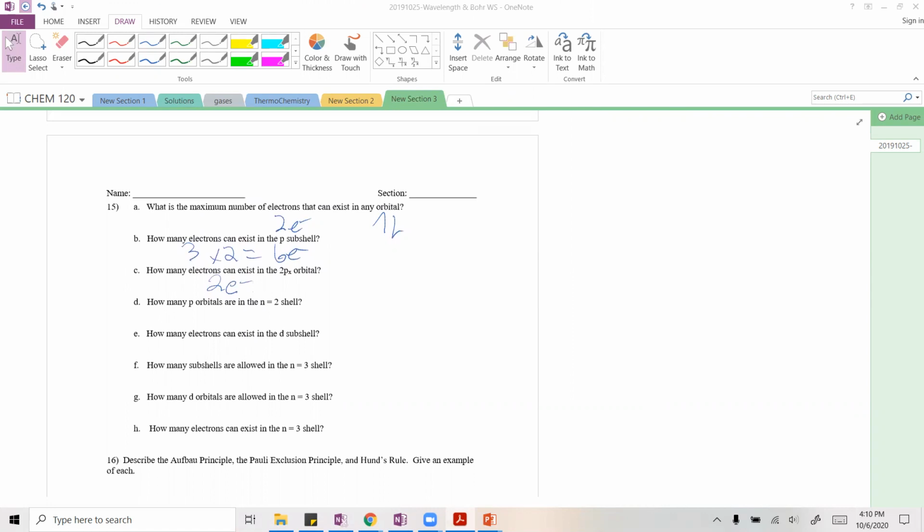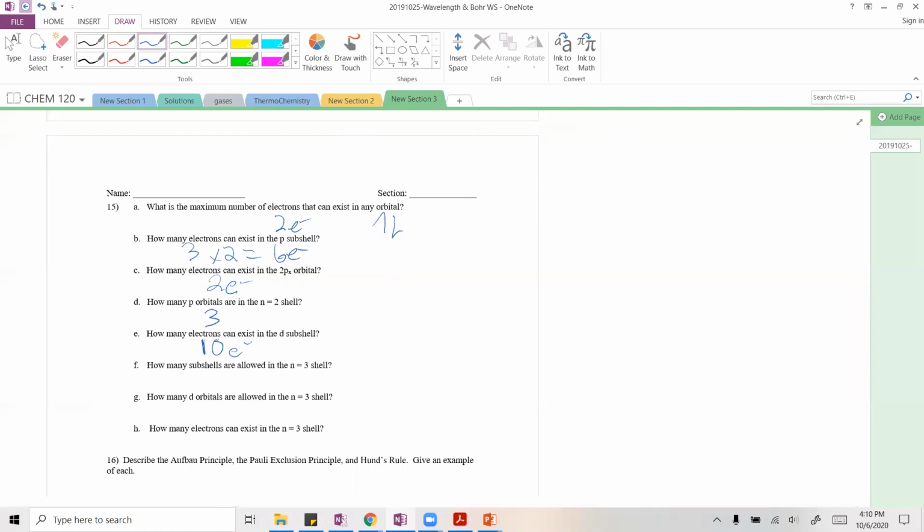Inside the n equals 2 shell, that energy level, how many p orbitals are there? Each energy level has 3 p orbitals because they have the 3 different orientations. Our d subshell fits 10 electrons, and that's because there are 5 different orientations, and each one fits 2.